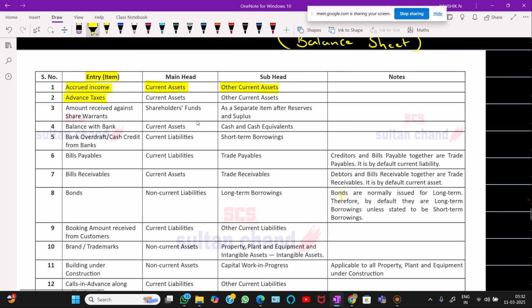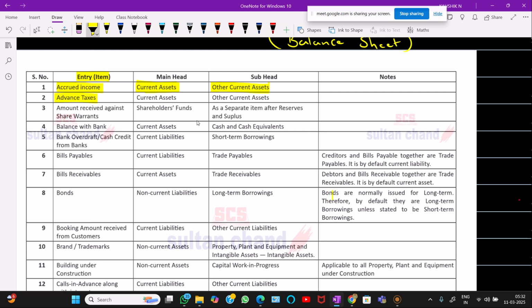Here, instead of giving it as prepaid expenses, they have given it in a diplomatic way, mentioning it as advance taxes. Usually payment of tax is an expense for the business concern. But here you have paid a particular expense well in advance, which means it is an asset because it's a prepaid expense. You have paid an expense before it is due. So advance taxes is usually considered as prepaid expenses.